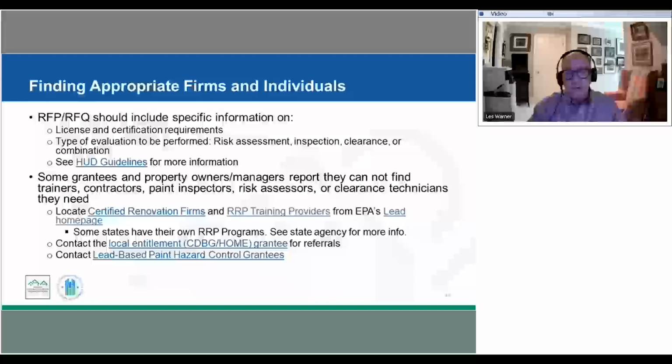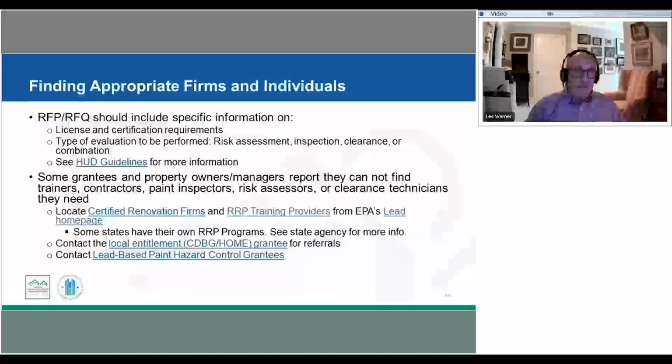Some of the other resources that are available: on the EPA's homepage, they maintain lists of certified renovation firms, so being able to identify, if I need to contract out for this work, what are the firms that are in my area? We'll show you an example of that search form in just a moment. They also provide a link on their homepage for training providers.